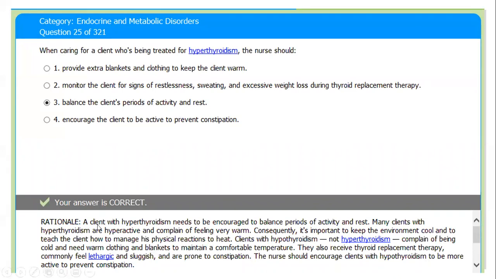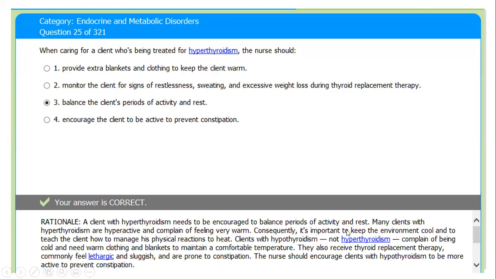So the rationale said a client with hyperthyroidism needs to be encouraged to balance periods of activity and rest. Many clients with hyperthyroidism are hyperactive and complain of feeling very warm.